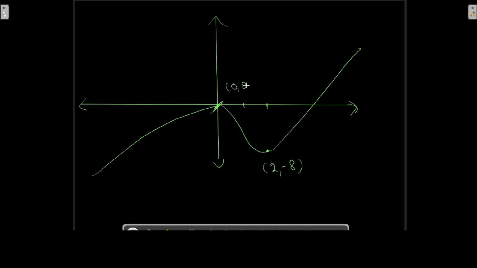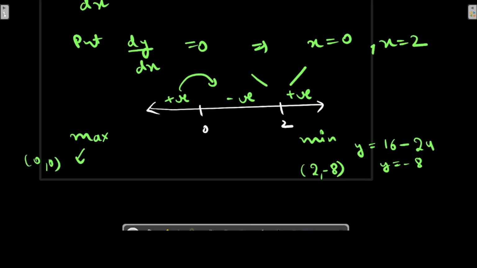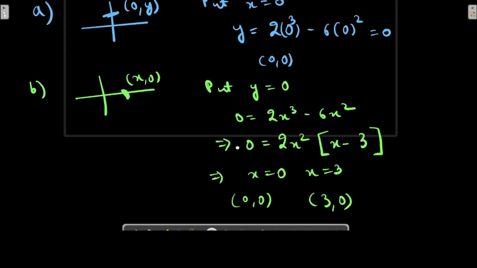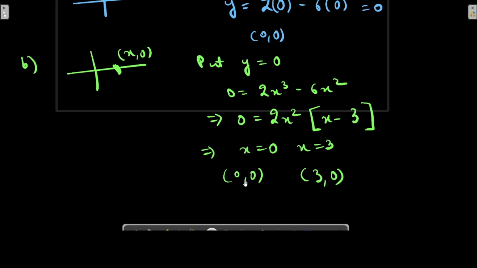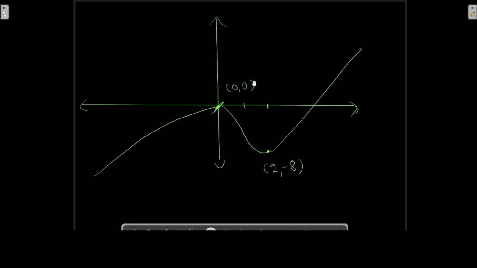It is 0 comma 0. So we have taken care about the stationary points. Let's look at the intercepts. So it's 0 comma 0 and 3 comma 0. So this is 0 comma 0 and this point is 3 comma 0.